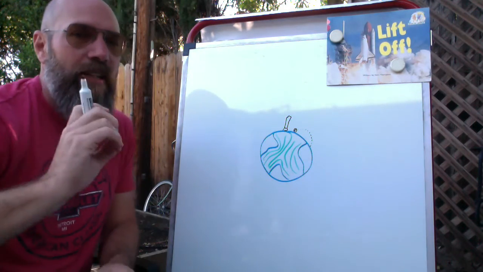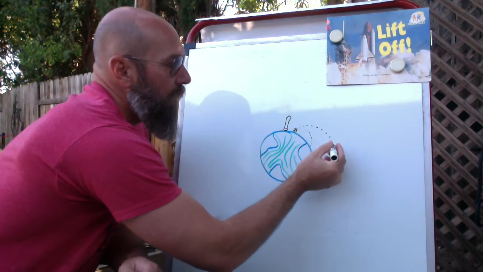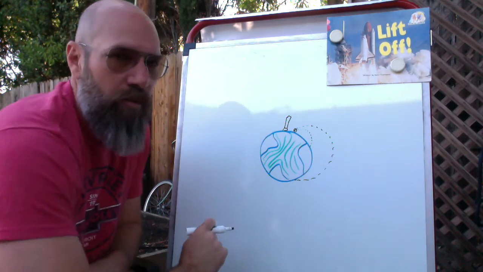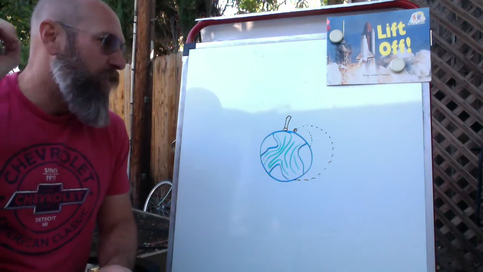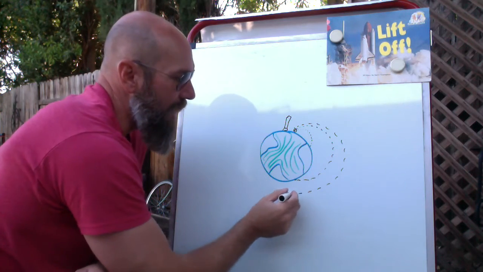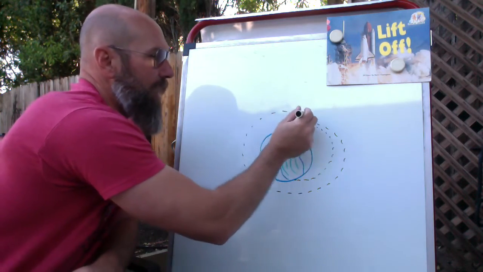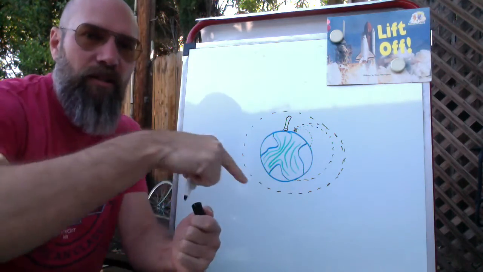Okay? Now I'm going to take the ball and throw it even harder, and then it's going to go all the way around to almost over there. Then I'm going to take it and throw it as hard as I can, and now it just keeps on falling around and around and around, and that's orbit.